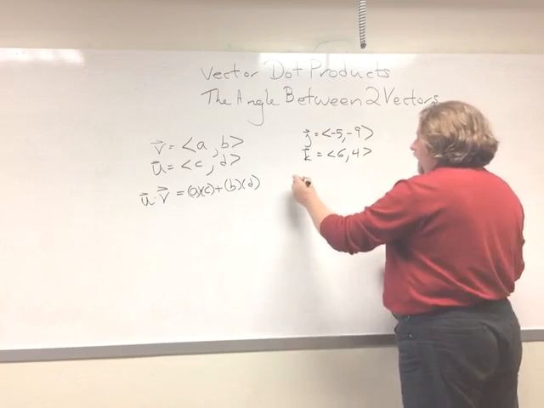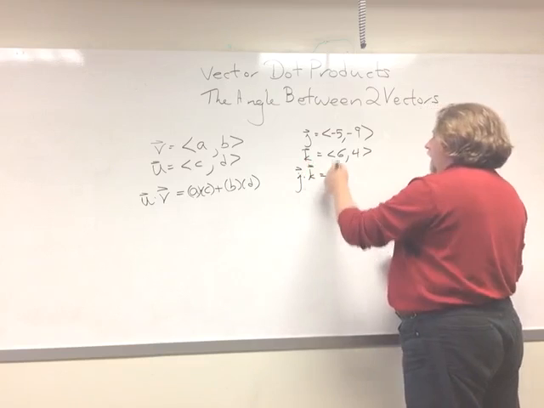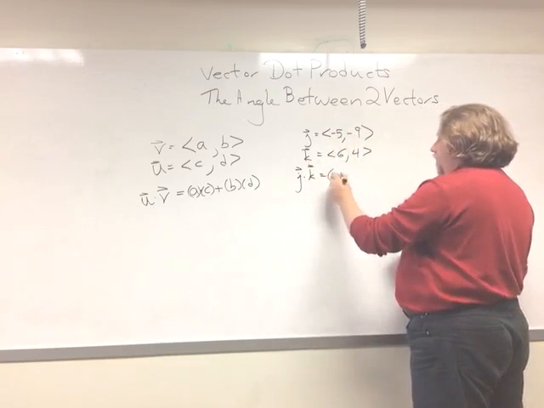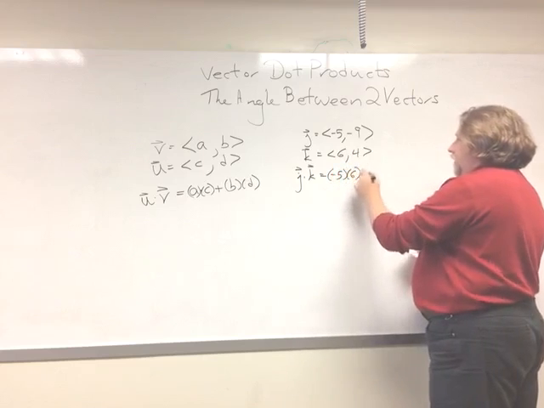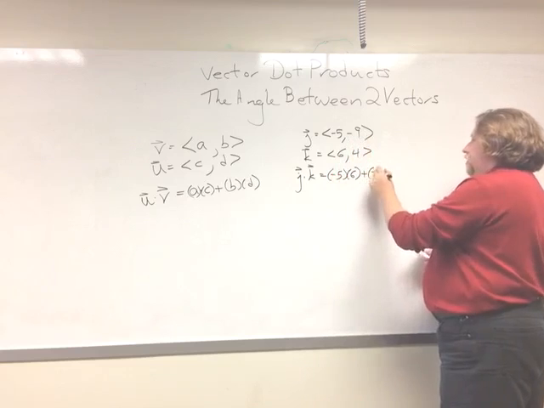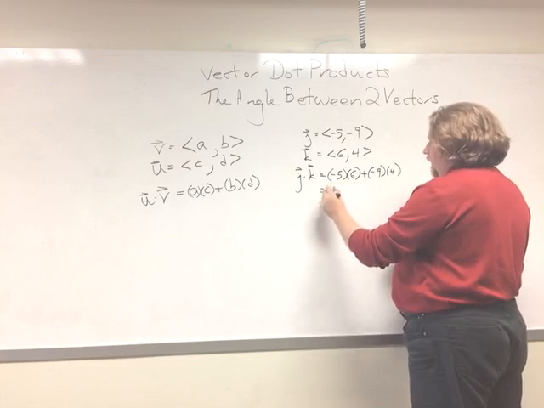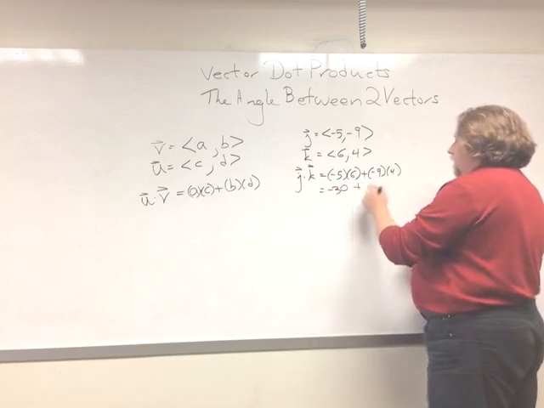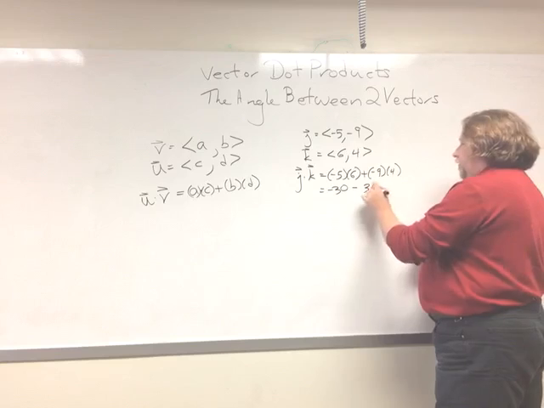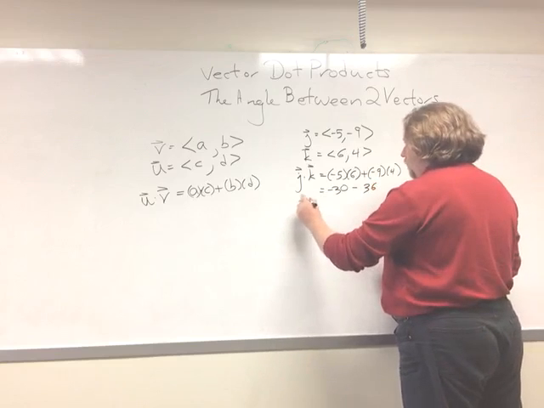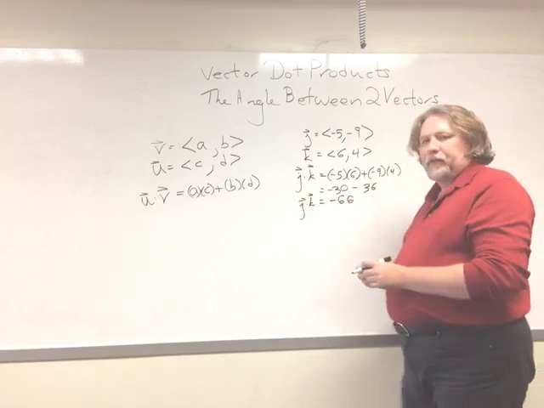If I want to find the dot product, j dot k, then I take -5 times 6, plus I take -9 times 4. -5 times 6 is -30. -9 times 4 is -36. And so j dot k is -66.